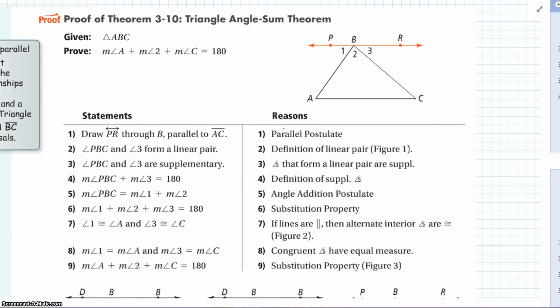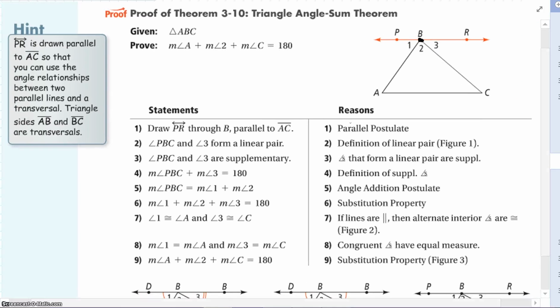So here's the proof. So we had a point P. Given, we know the triangle ABC works. We want to prove the measure of angle A plus the measure of angle 2 plus the measure of angle C equals 180. So here's what we're going to do. We're going to draw a line PR that goes through B that is parallel to AC.